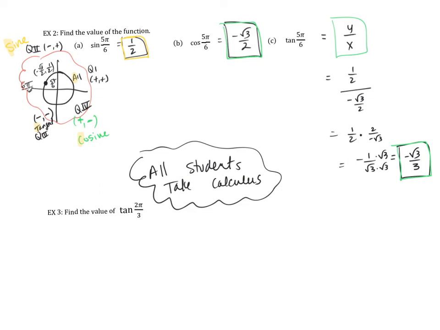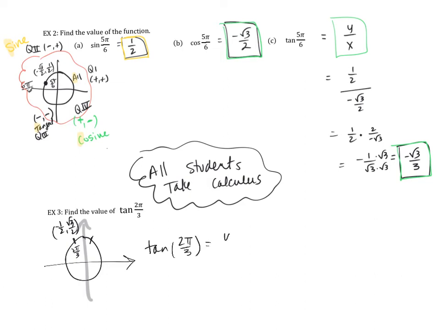Okay, let's see. We're going to do tangent of 2 pi over 3. So let's draw that out. 2 pi over 3: 1/3, 2/3, so 2 pi over 3. Our point there is negative 1/2 for x and positive root 3 over 2 for y.